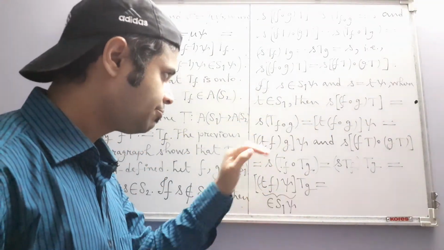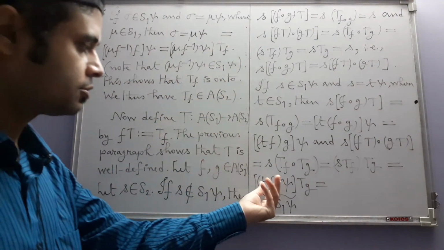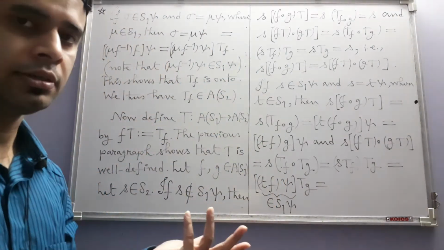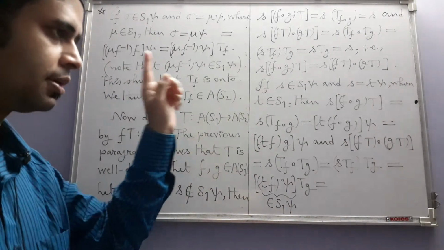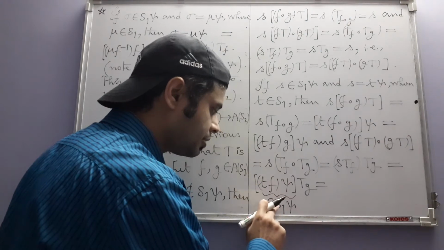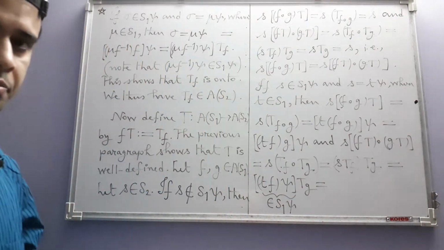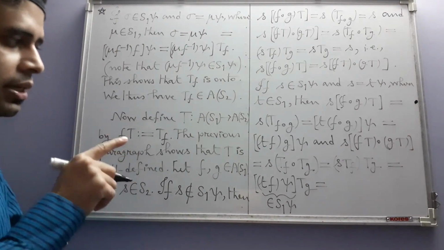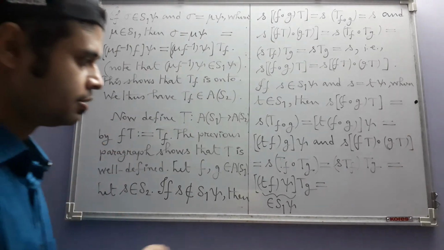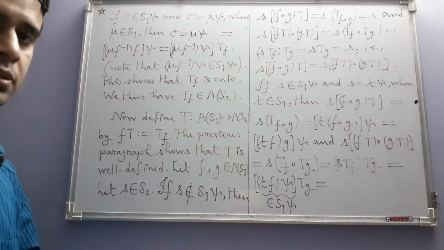So F is a mapping in AS1. So TF is again an element in S1 because F maps S1 into itself. So TF is an element in S1, so automatically this will be an element in S1 psi. So on that we are applying TG.